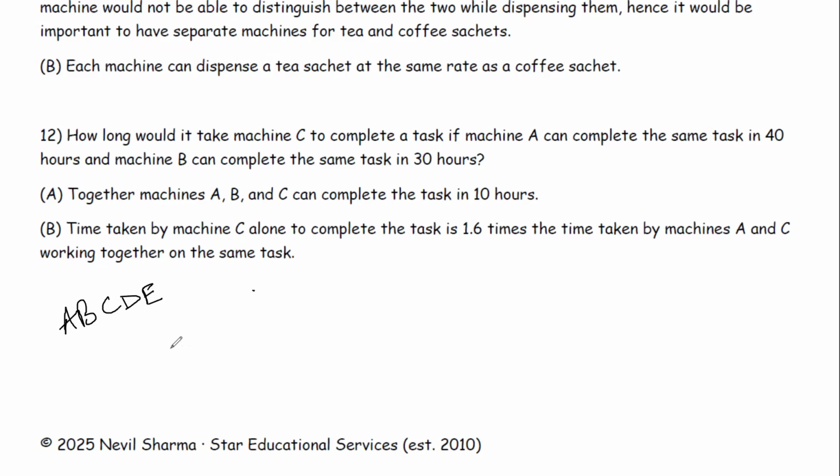How long would it take machine C to complete a task if machine A can complete the same task in 40 hours and machine B can complete the same task in 30 hours? This is a classic work time question. Together, machines A, B, and C can complete the task in 10 hours. So 1 by 10 is equal to 1 by A, which is 40, plus 1 by B, which is 30, plus 1 by C, which is what we need to find out.